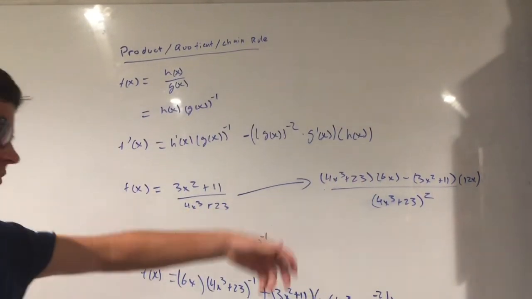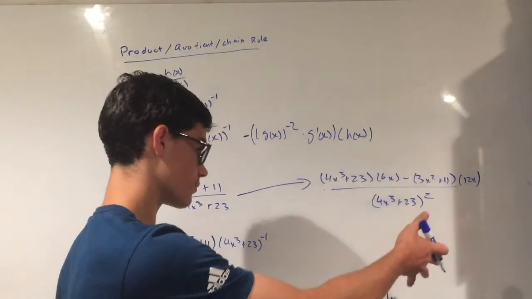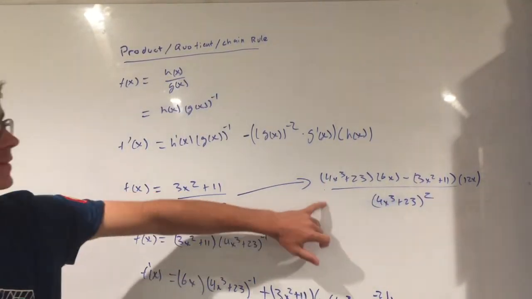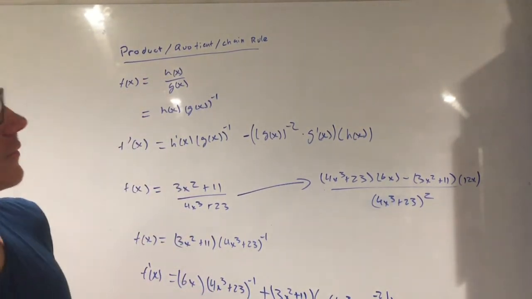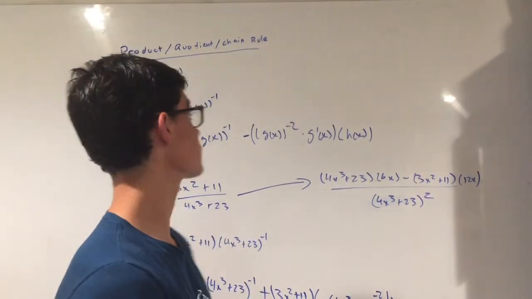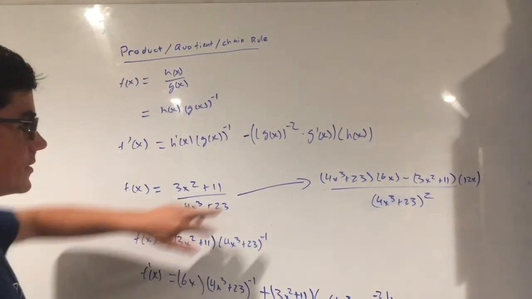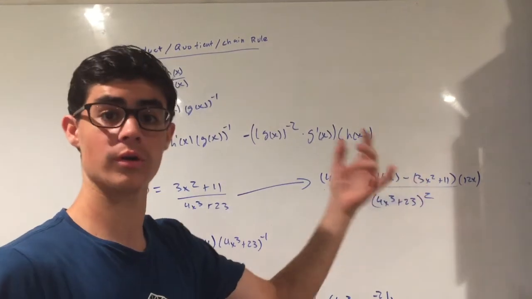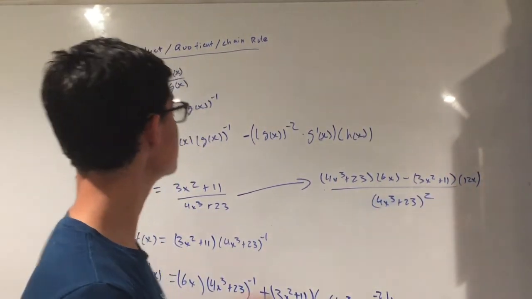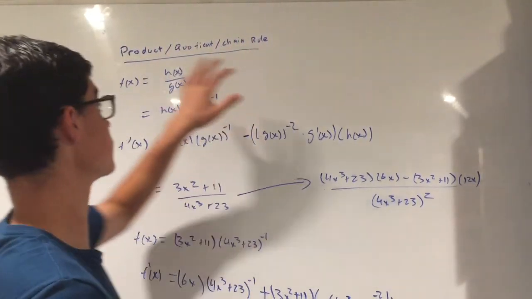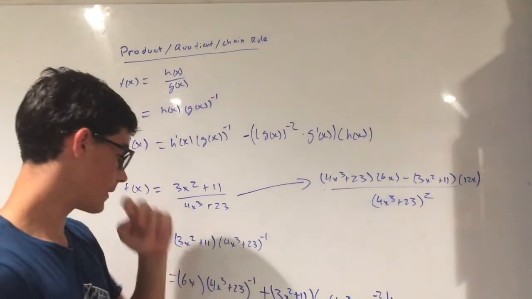After distributing various parts and rearranging this through algebra, we can see that this will be equal to this in the long run. But at least for me, when I was just starting out with the quotient rule, I was never able to put these two terms in the right order, and I would keep messing it up either on practice problems or on quizzes. So I literally just changed to taking a product and a chain rule, and it helps a lot.